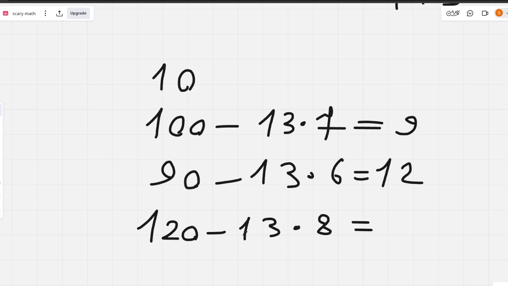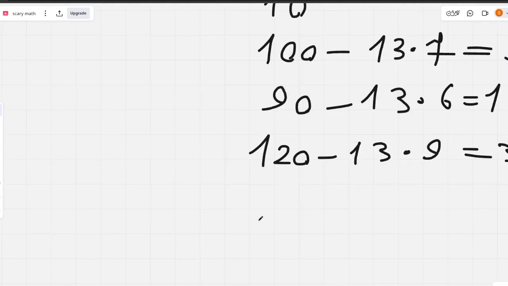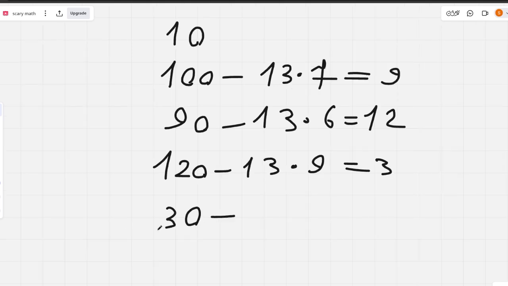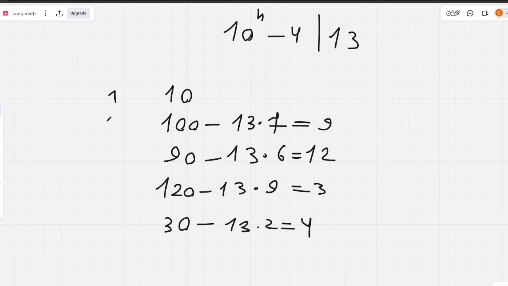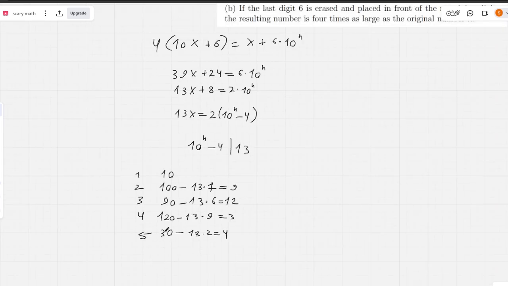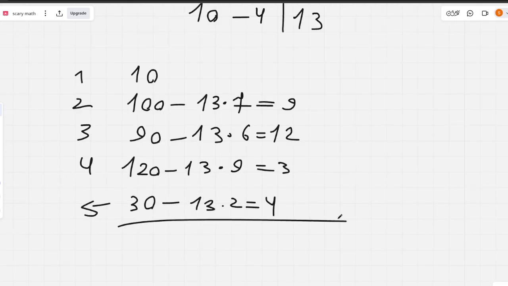That results in 3. Then 30 minus 13 times 2 is gonna be 4. And that's what we're looking for. That's exponents 1, 2, 3, 4, and 5. Alright, cool.